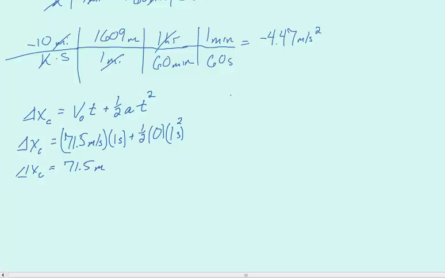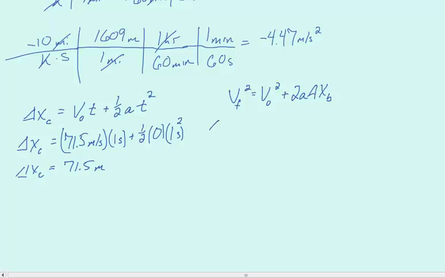Now we must find out the displacement of the plane when it's applying its brakes. An equation we can use is our final velocity squared is equal to our initial velocity squared plus 2 times our acceleration times our change in displacement, which will be braking in this case.